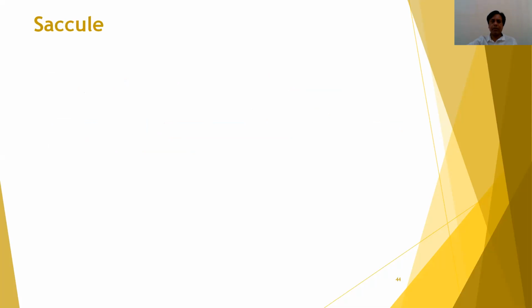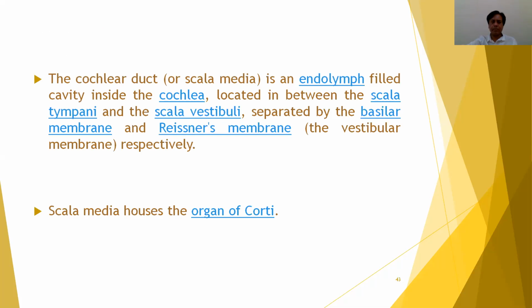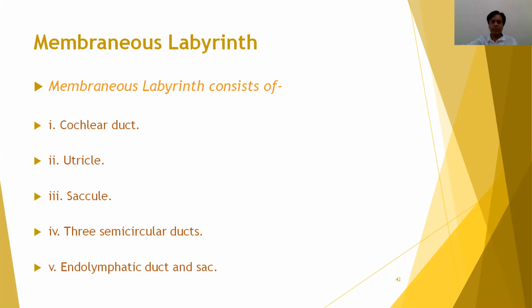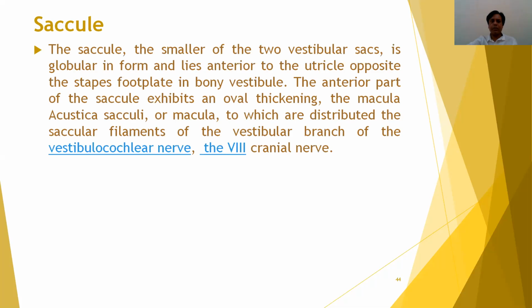Then next part is saccule. The saccule, the smaller part of the two vestibular sacs, is globular in form and lies anterior to the utricle, opposite the stapes footplate in the bony vestibule.